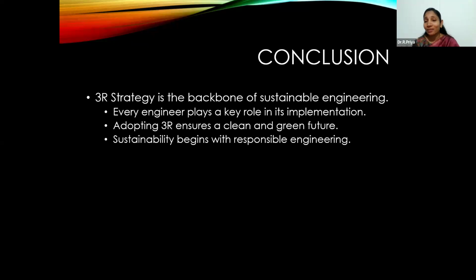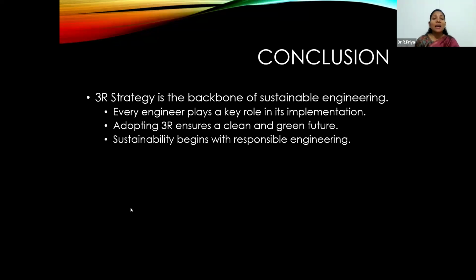Do you agree? Everyone agrees, right? Because it provides a strong foundation for designing industries, products and systems that protect the environment while meeting human needs. Without the 3R approach, true sustainability is not possible.